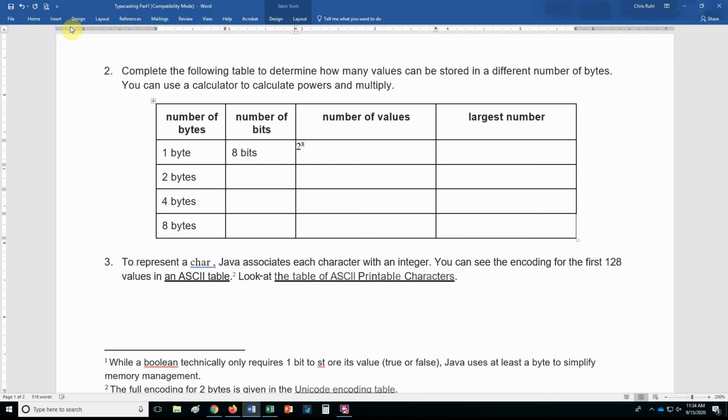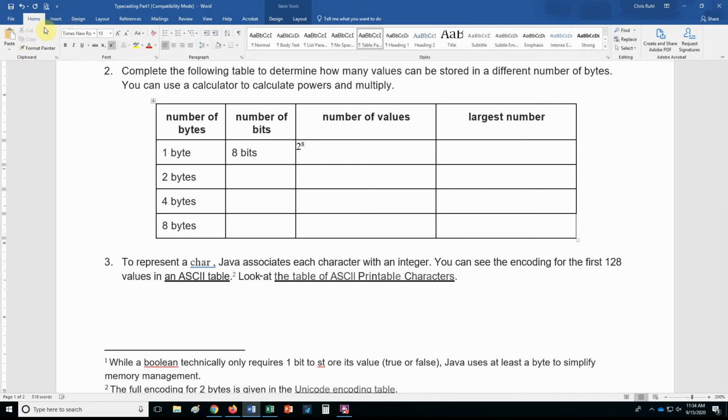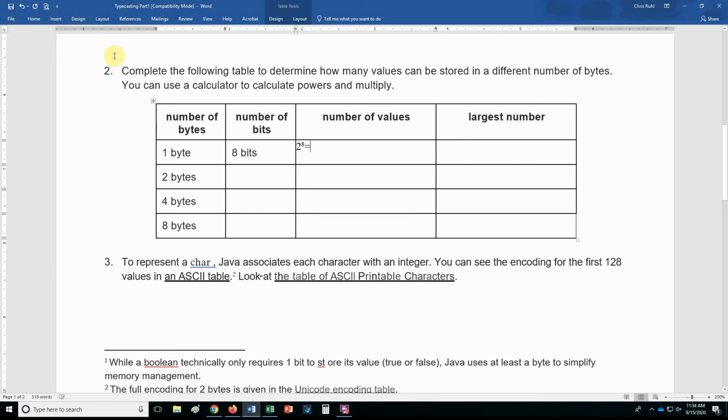And that would be equal to 256, if you calculated that out. That's 2 times 2 times 2 times 2 times 2 times 2 times 2 times 2. Gives you 256. That's the number of values.